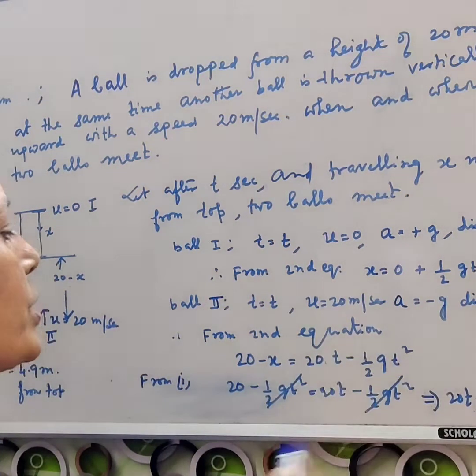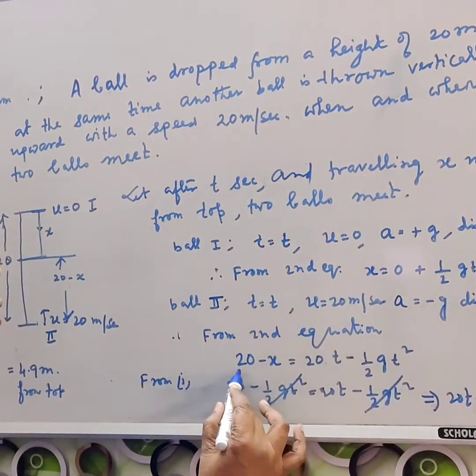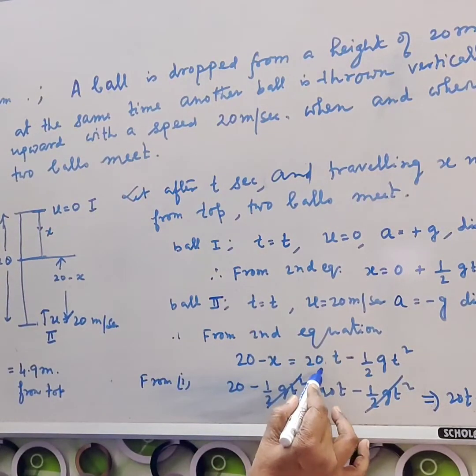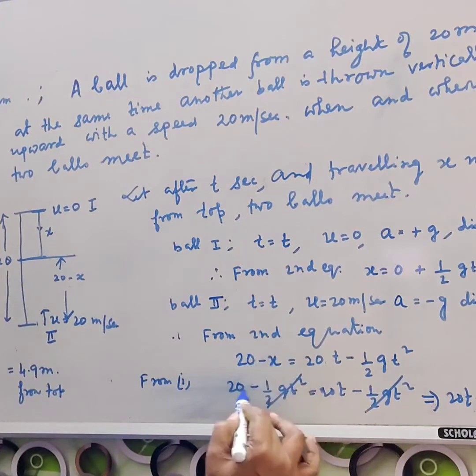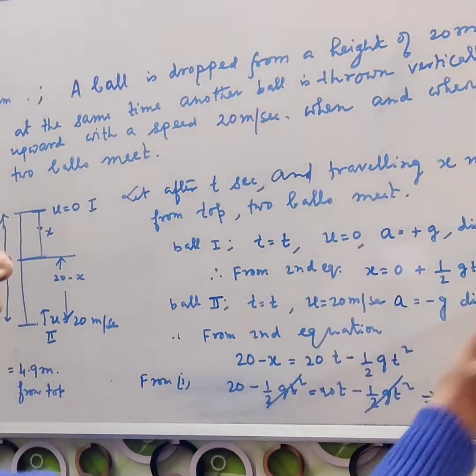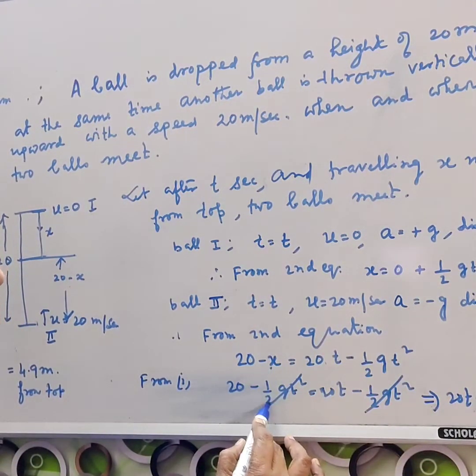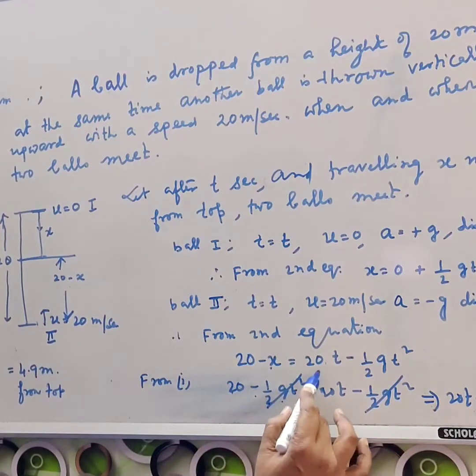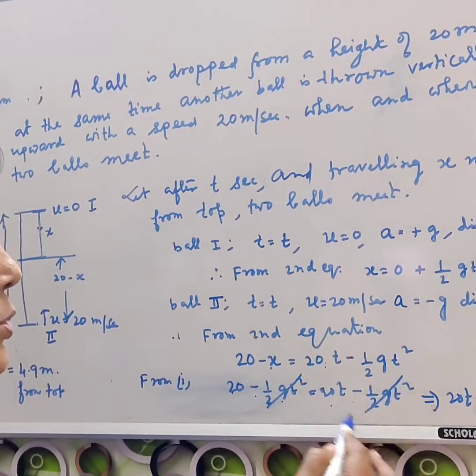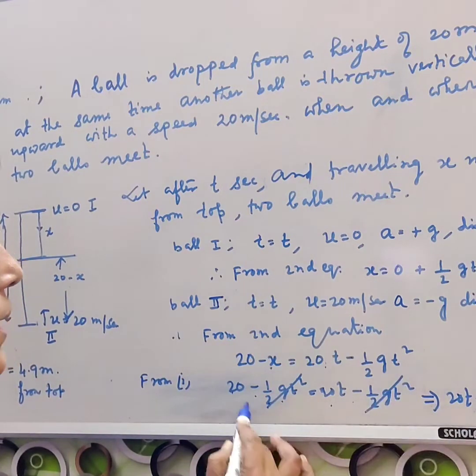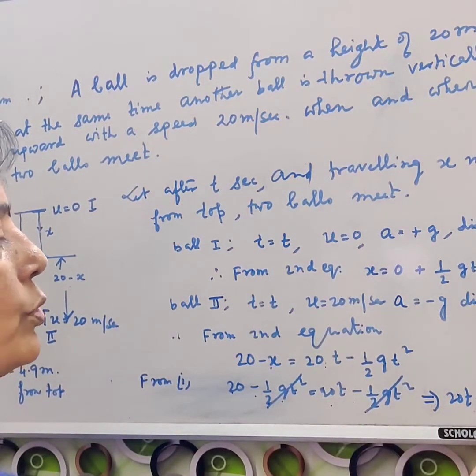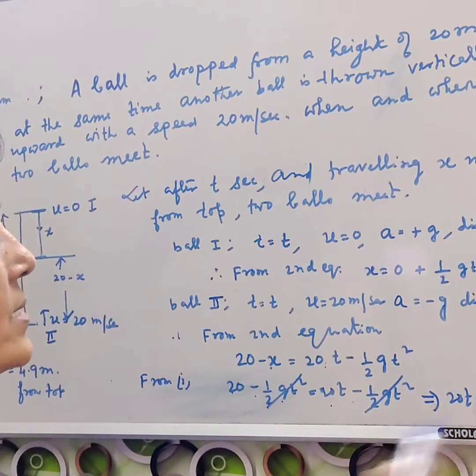So from the second equation again we can write 20 minus x is equal to 20t minus half g t square. Now x is equal to, from equation 1, half g t square. So 20 minus half g t square is equal to 20t minus half g t square. They will cancel out. So 20t is equal to 20. That implies time taken to meet is equal to 1 second.